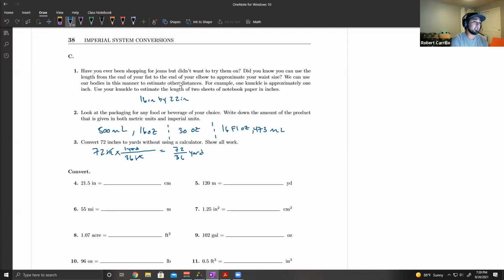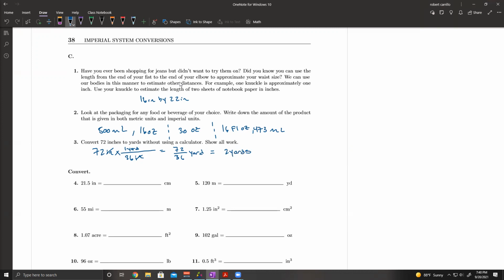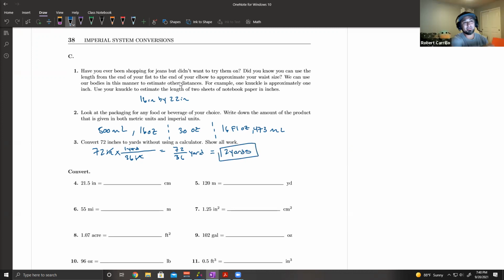What is 72 divided by 36? 2. Perfect. 2 yards. Okay. So those conversion tables, don't know if you've seen them or if it's been a while since you've seen them. Those are things we might need to use here when we calculate.